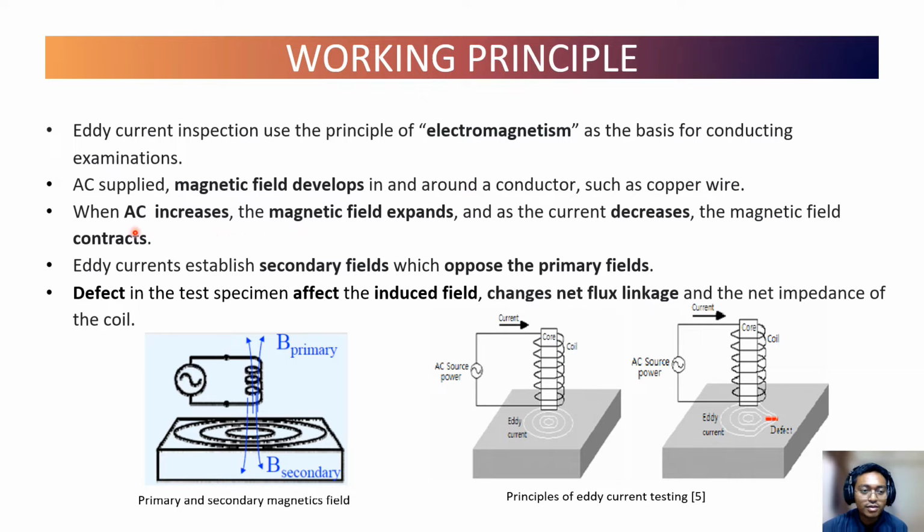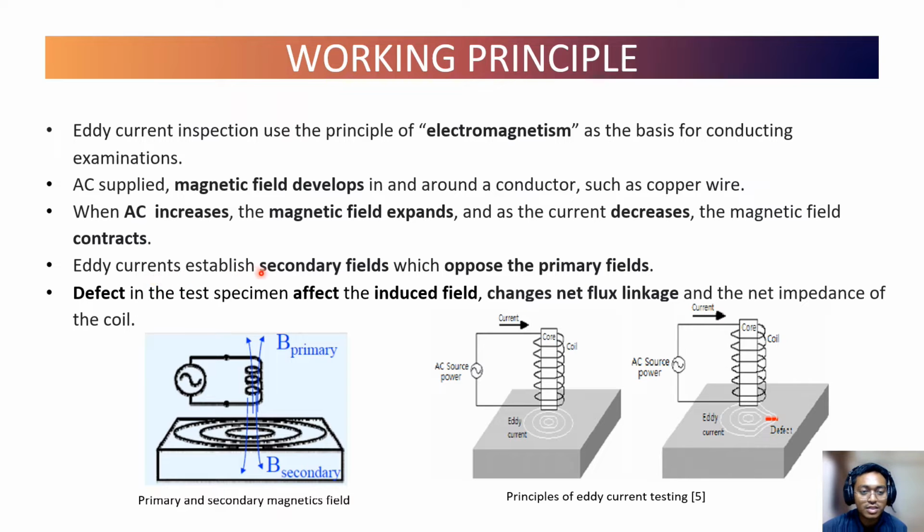When AC increases, the magnetic field expands. As you can see here in the copper wire, there is a magnetic field when the AC is applied. As the AC increases, the magnetic field will expand bigger.